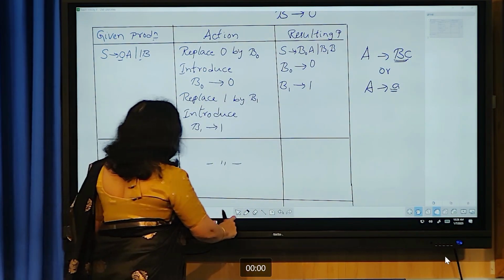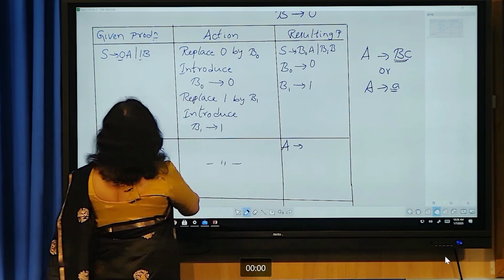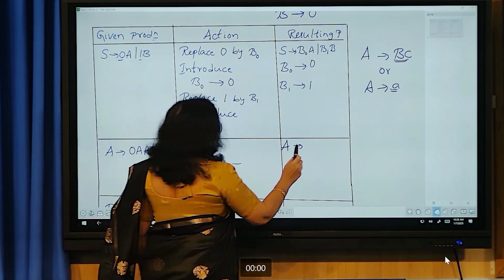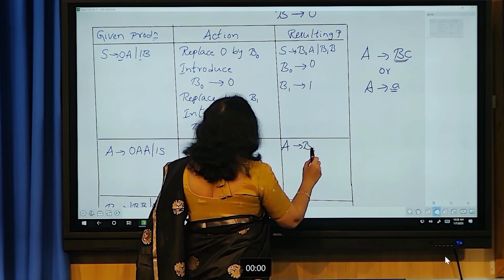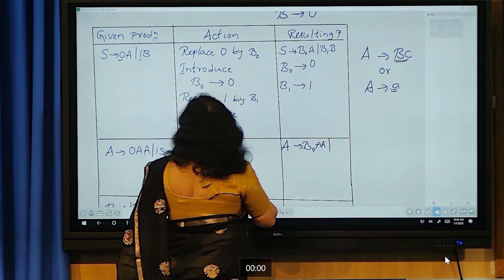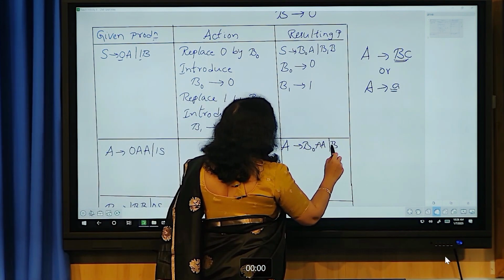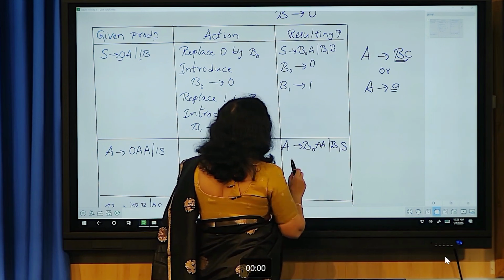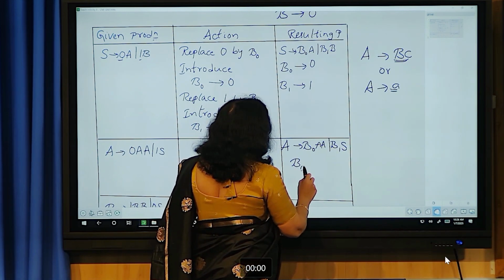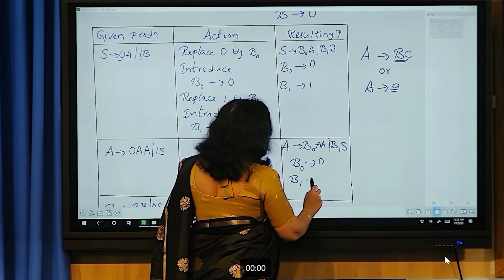A produces, in place of 0, I will use B0, B0 AA, or in place of 1, I will use B1, B1 S. So B0 produces 0, B1 produces 1.